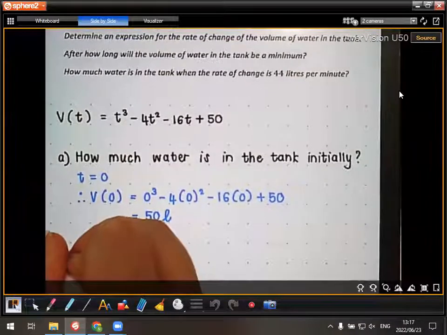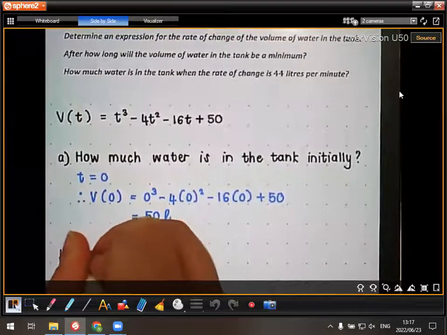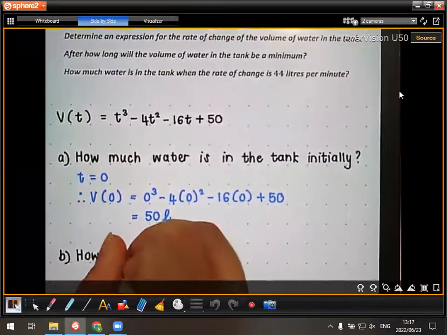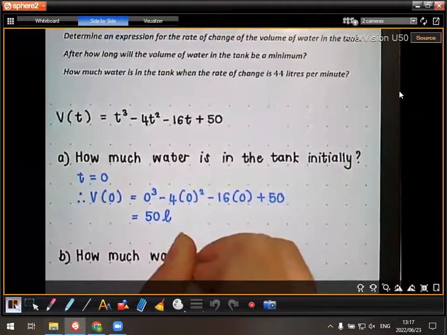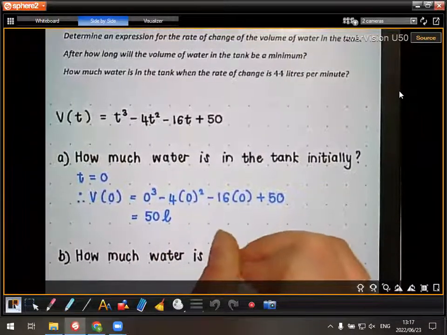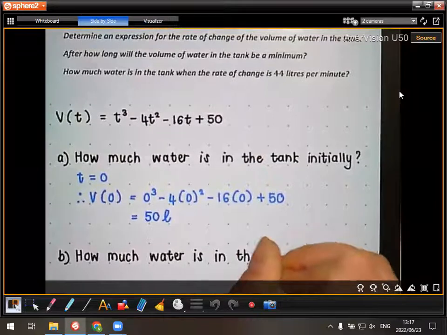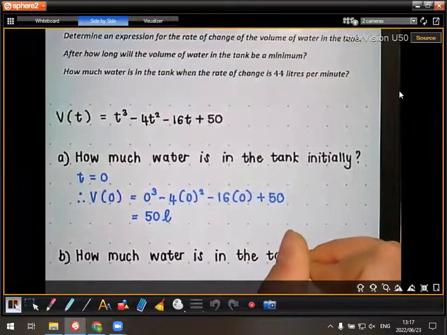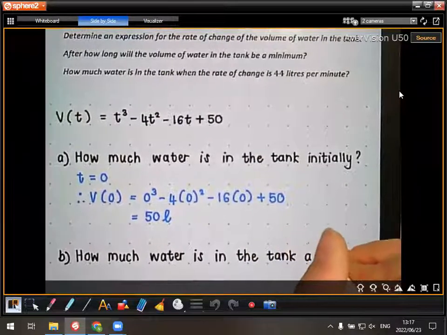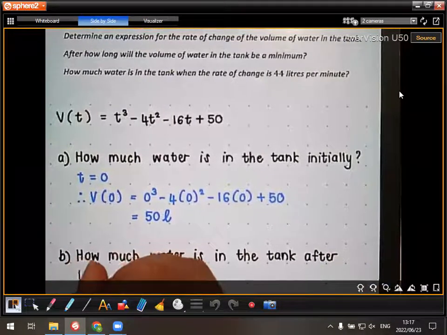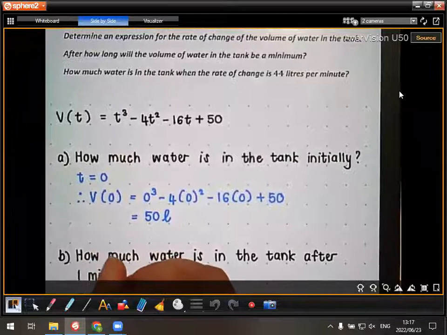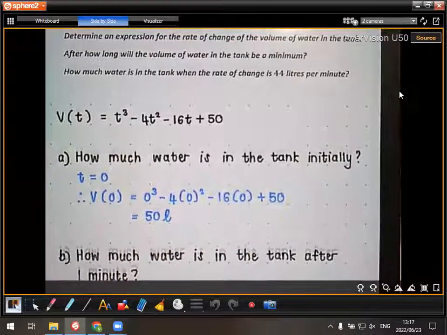For B, next question. How much water is in the tank after 1 minute of running?